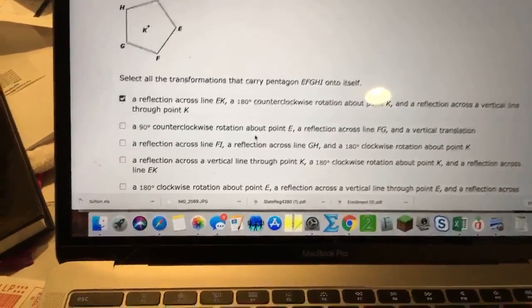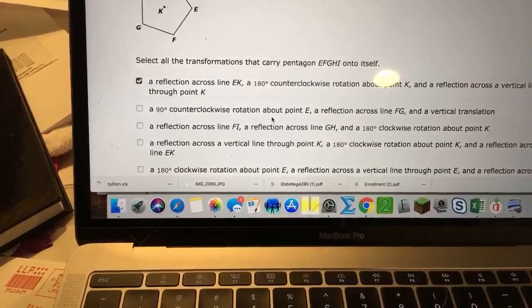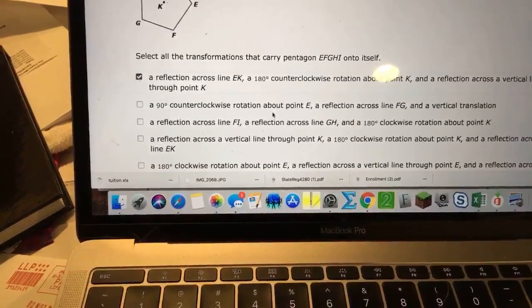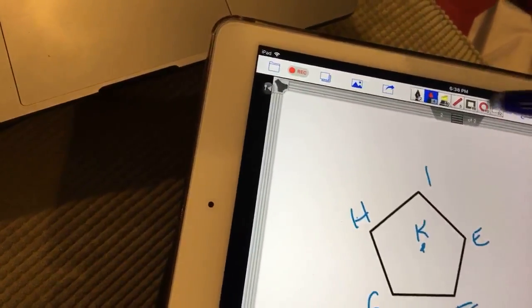A reflection across FI, so let's go. All right, FI is this line right here.